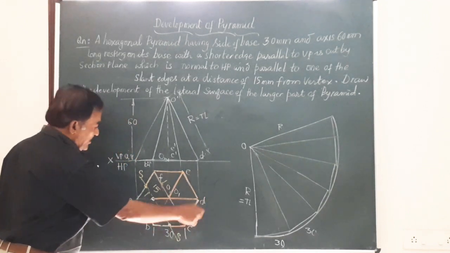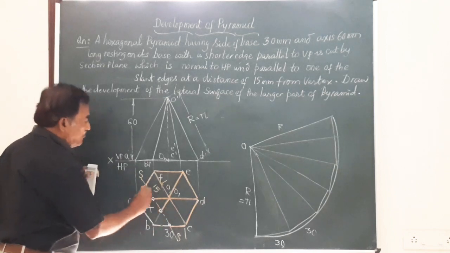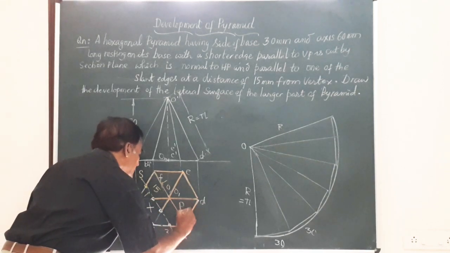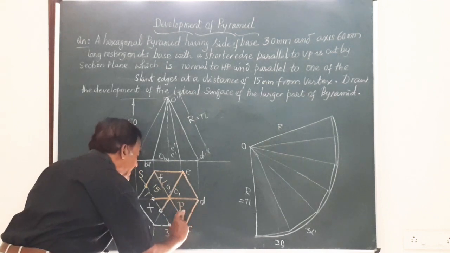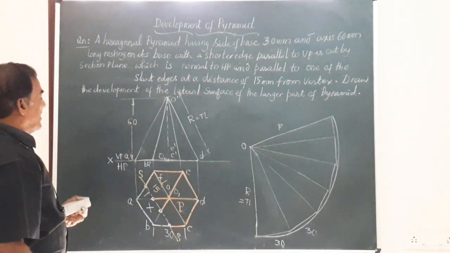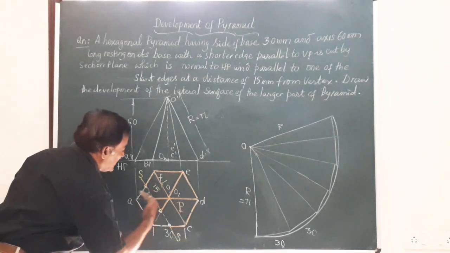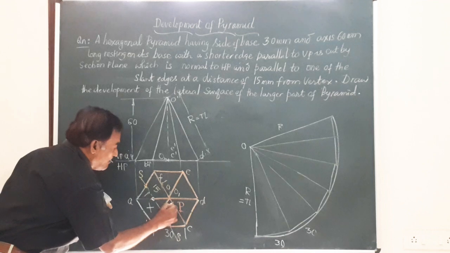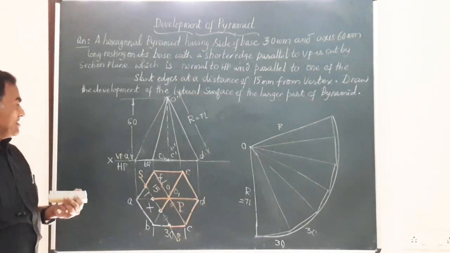What I have shown here in color is the part that is retained. I mark this portion as P. P is the part that is retained for the purpose of drawing the development, and this part is removed. And this section plane is parallel to this slant edge.